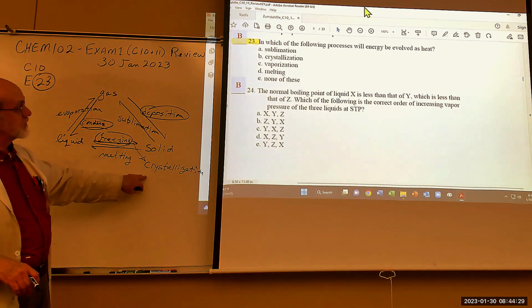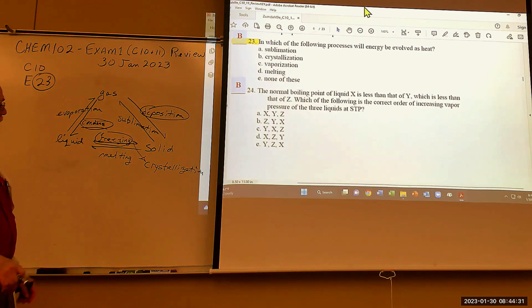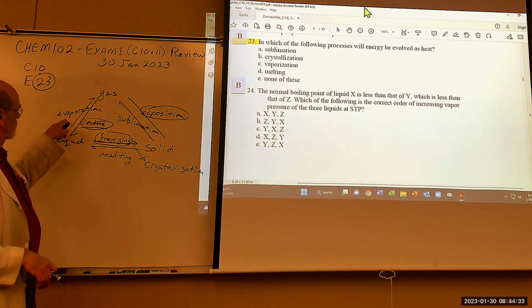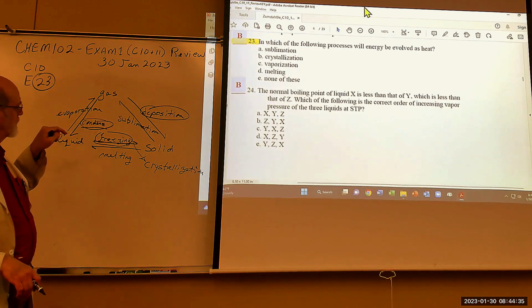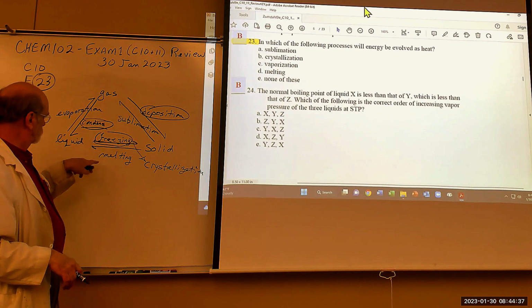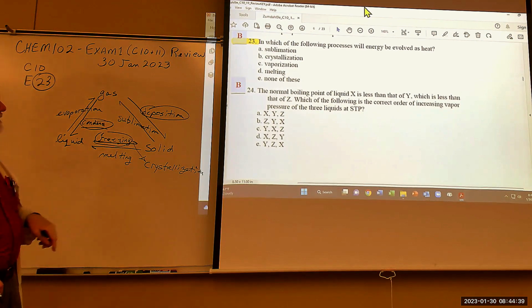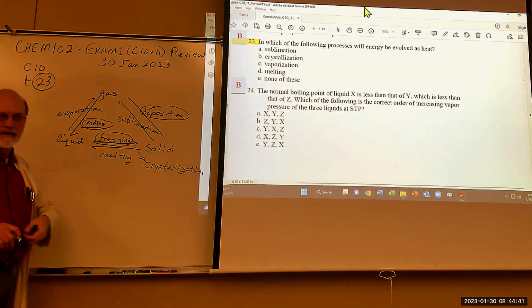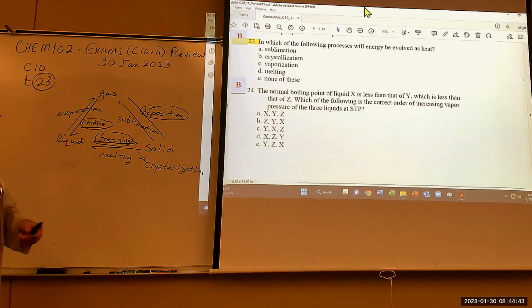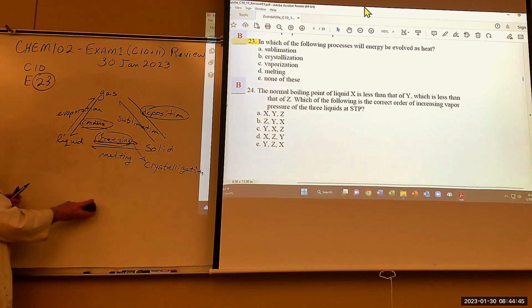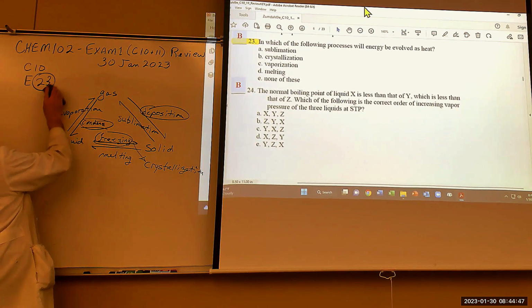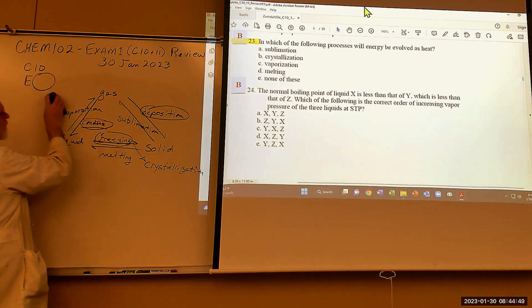So yeah, crystallization would work. Vaporization, nope. Melting, nope. So it has to be crystallization. It's a form of freezing. That was 23.